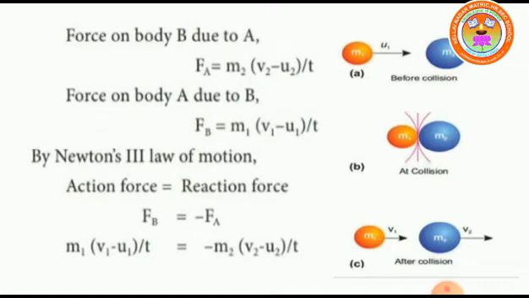We know the values of Fb and Fa, so substitute these values. m1 into (v1 minus u1) divided by t, that is the Fb value, is equal to minus Fa value, m2 into (v2 minus u2) divided by t. Now we are going to calculate before collision, during collision and after collision.